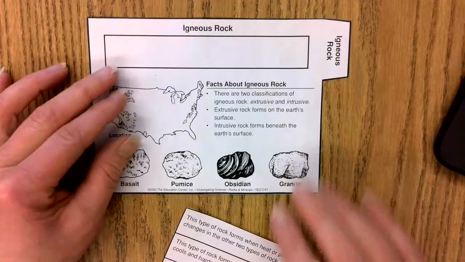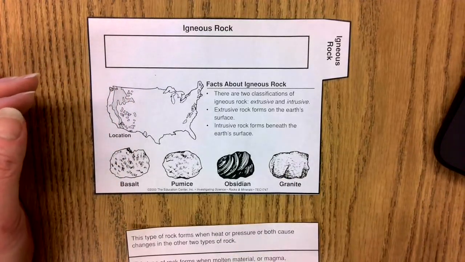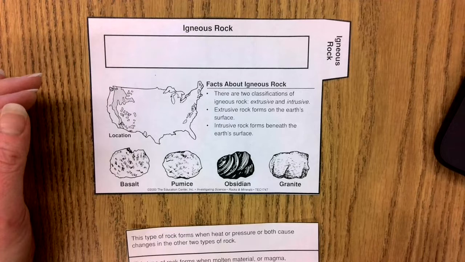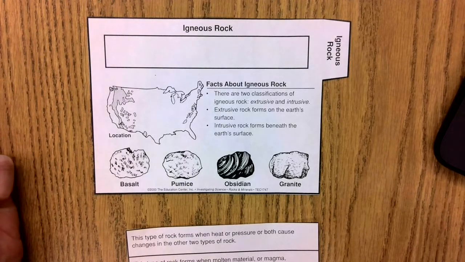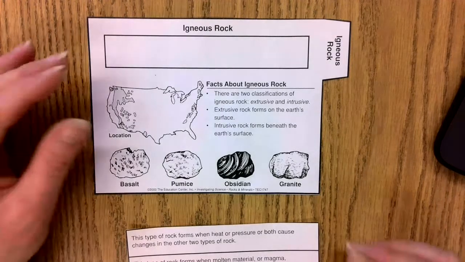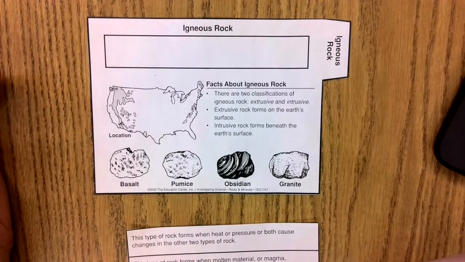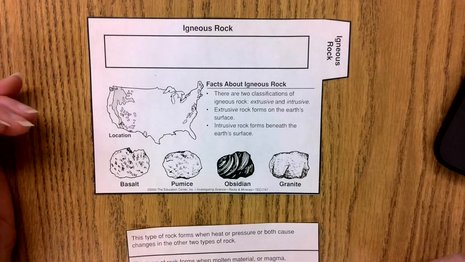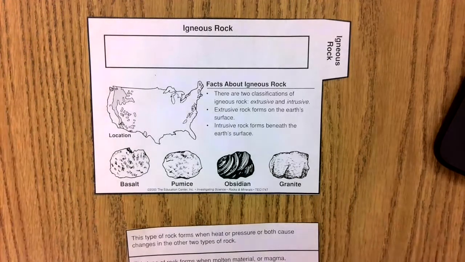So we're talking about igneous rock, and we know that igneous rock is when melted rock cools and hardens. And remember, melted rock that is inside the earth is called magma.